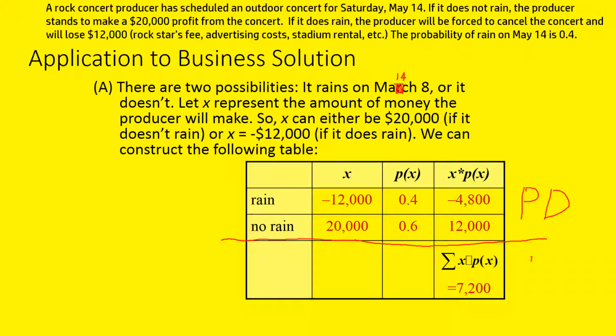Then below we've got the expectation, right? The sum of the products of the outcomes x, which are these two numbers here. I'm sorry, these two numbers are the x's, and then you've got their corresponding probabilities. These are the products in the third column, and the sum of the products is a positive 7,200.